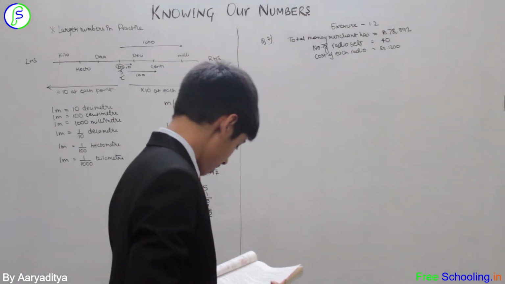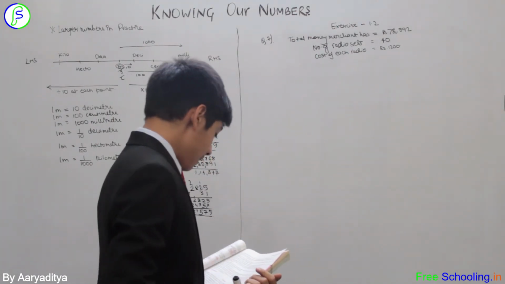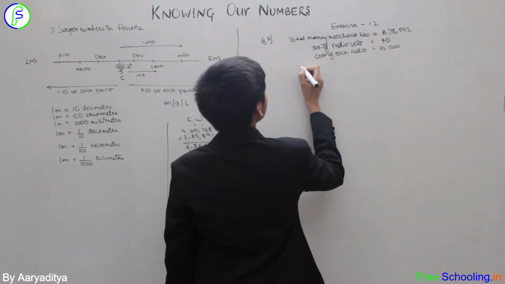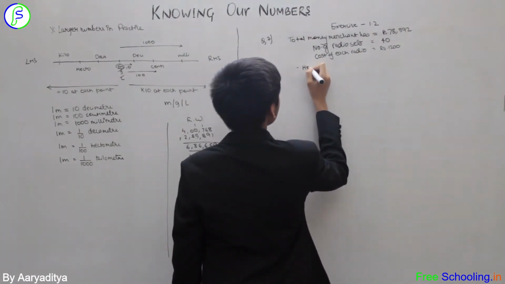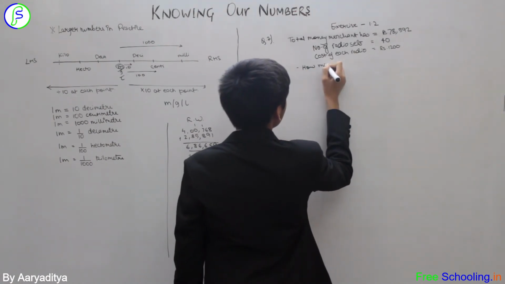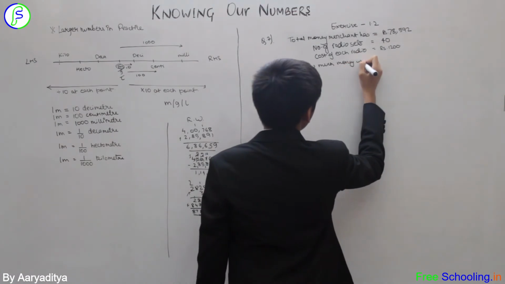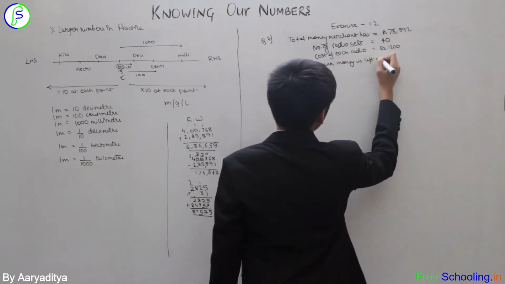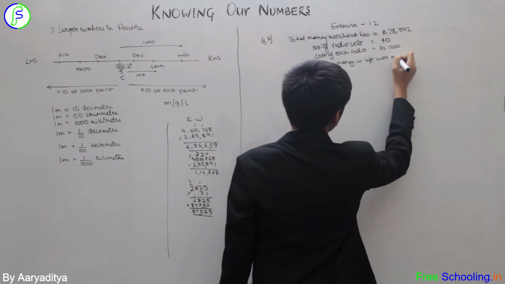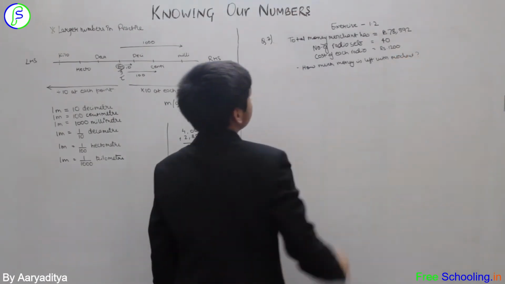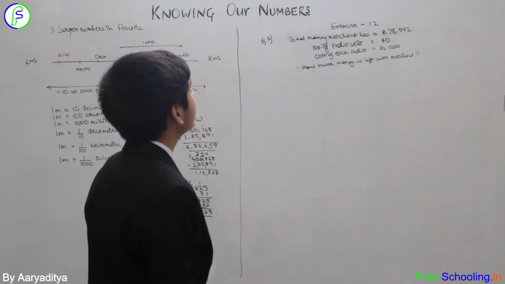Not very tough. So let's start. And at last, what does the question ask? It says how much money is left with the merchant. So we just need to find out how much money was left with the merchant.